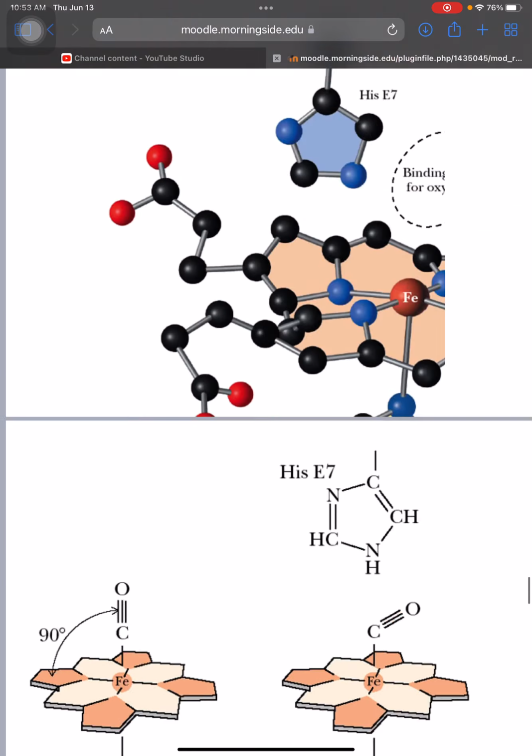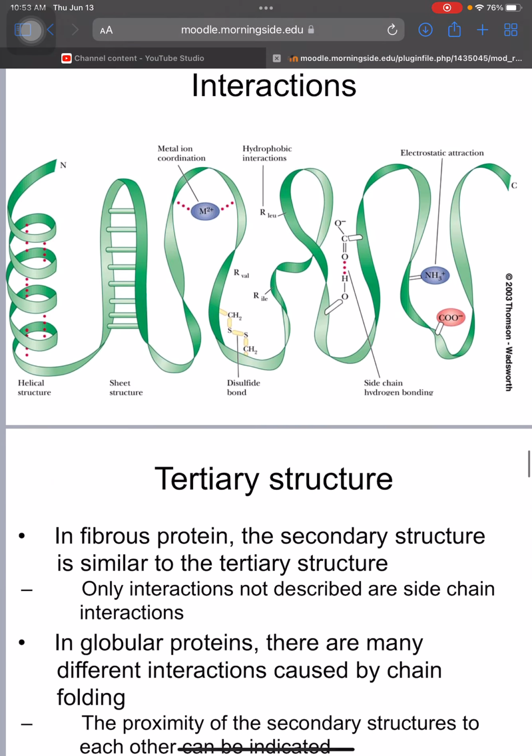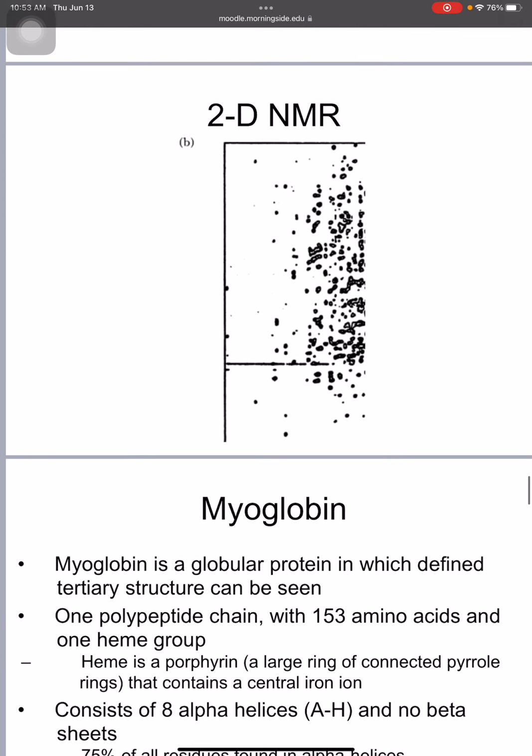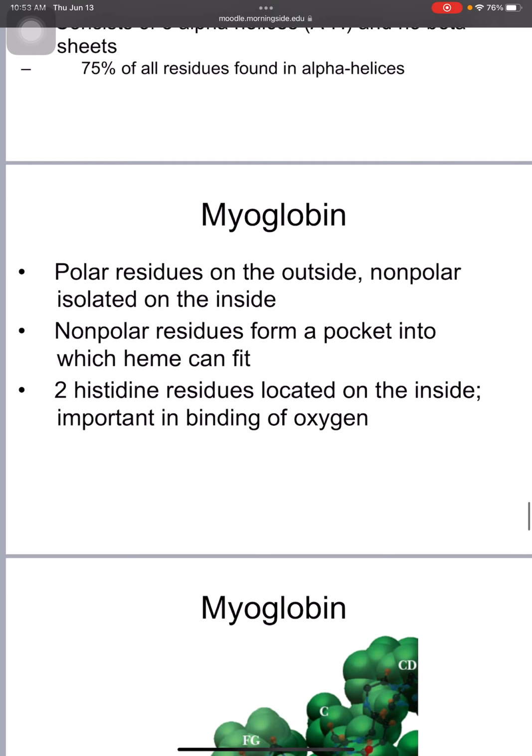Okay, so going back a little bit to this structure, we saw this showed a bunch of the different interactions that help to make up the tertiary structure of a protein. We can actually disrupt some of these. And sometimes that's necessary.